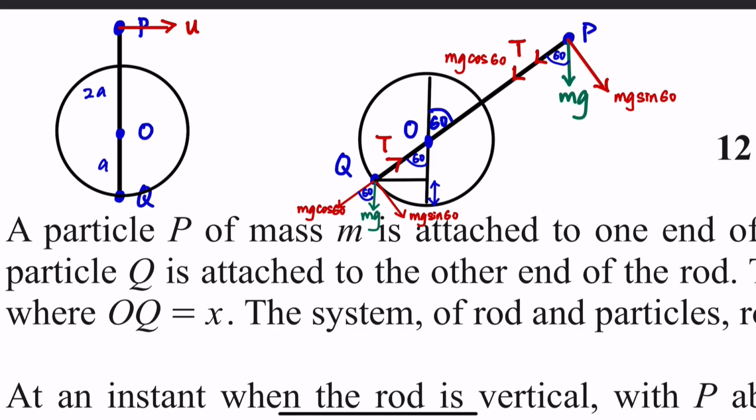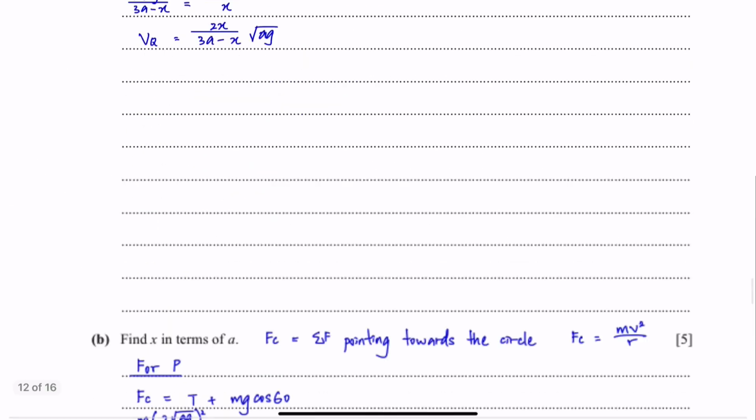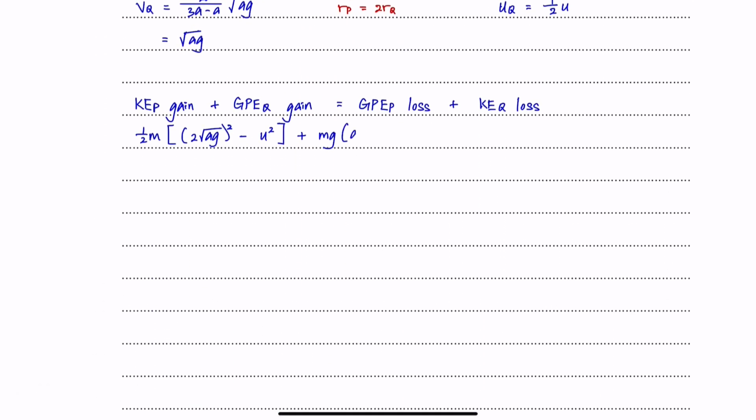So we need to find this height, and we know that the length here is a, so this would be a cos 60. So the height gain here would just be a minus a cos 60.